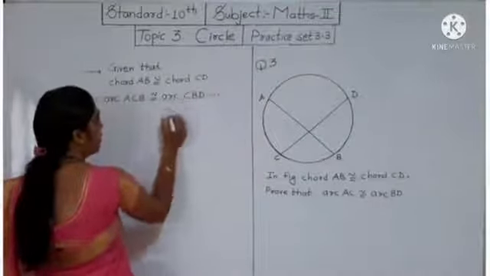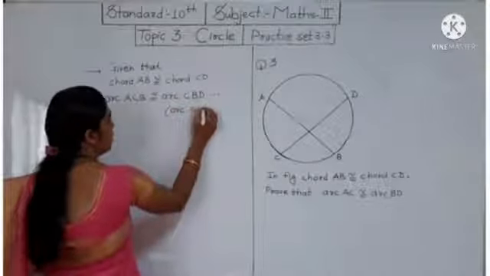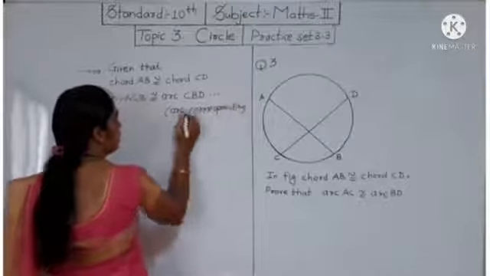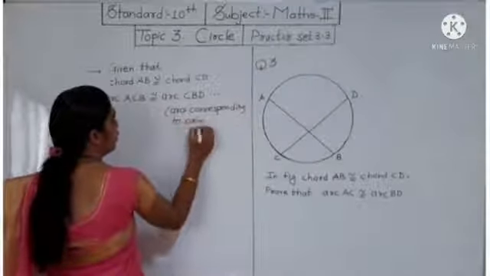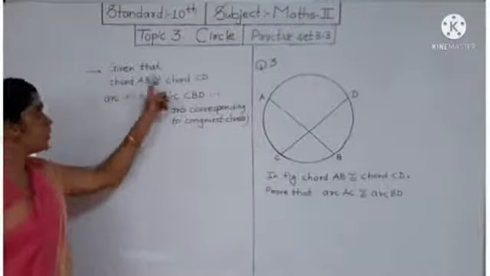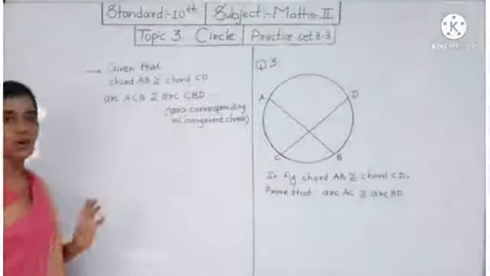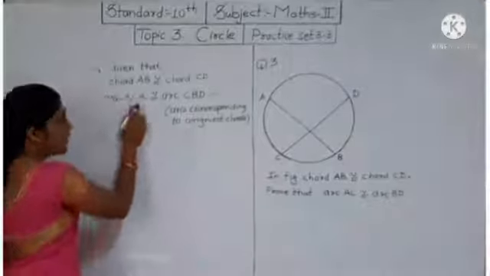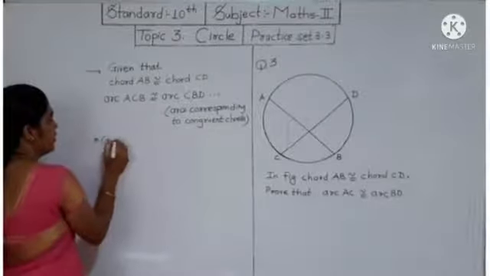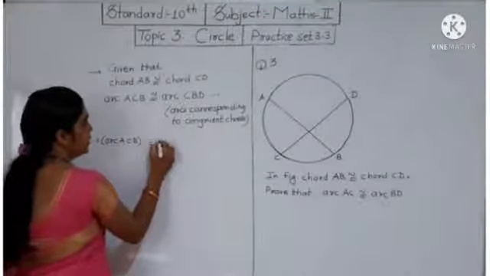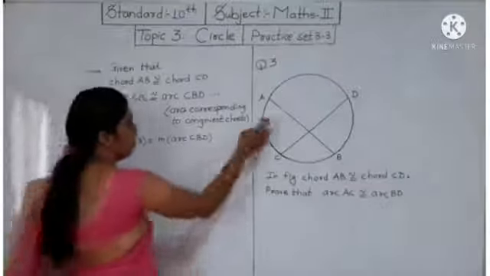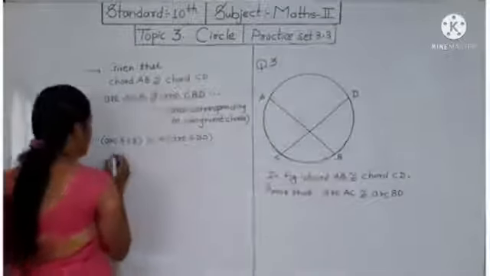You write the reason here: arcs corresponding to congruent chords. If the chords are congruent, then corresponding arcs are also congruent. Therefore, we write that major arc ACB is equal to major arc CBD. So what does arc ACB mean?